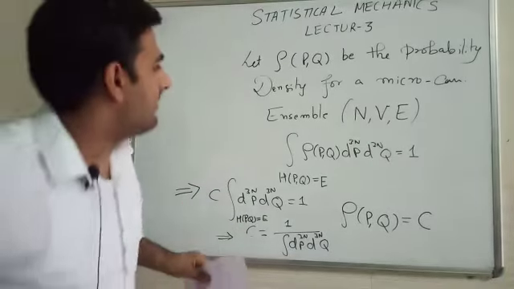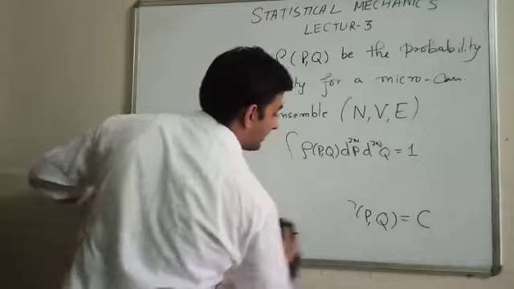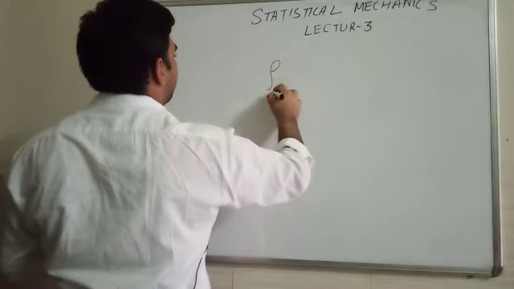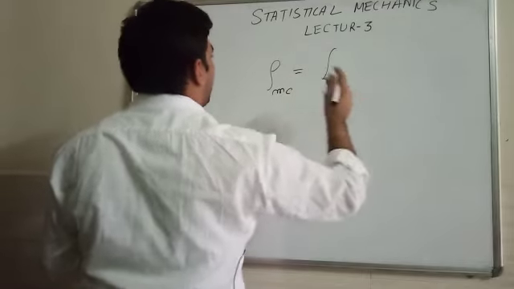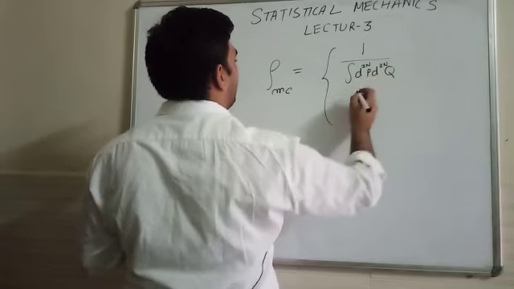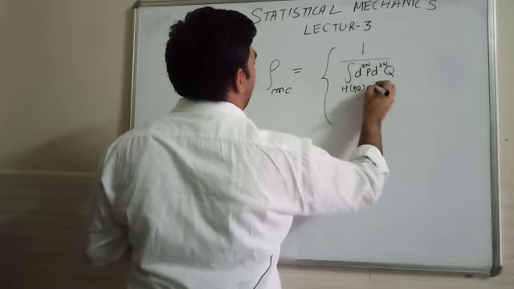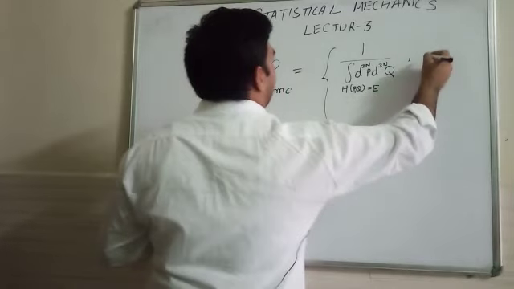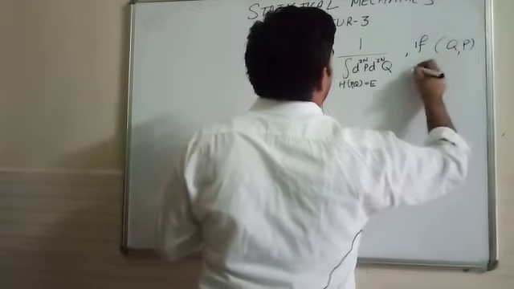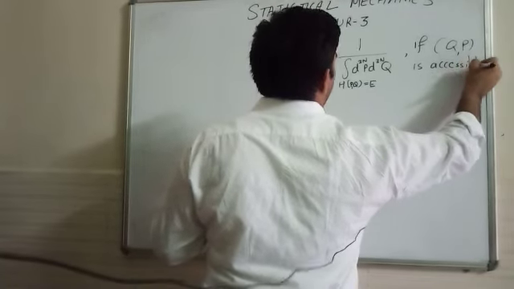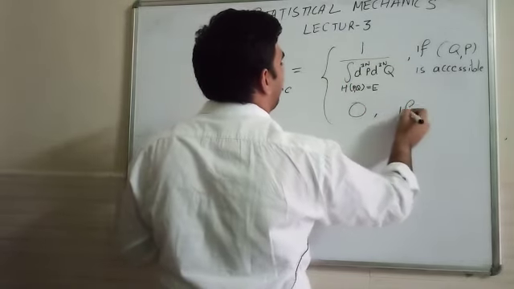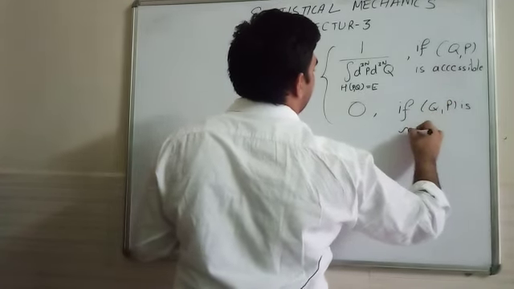Okay, so I can now write the probability density. Our microcanonical probability density rho_MC is equal to a constant, 1 over the integral of d3N P d3N Q, where the Hamiltonian can only take the value where the total system has the energy E. If the phase space point (Q,P) is accessible, then it will have this constant probability; otherwise, if it is not accessible, it is 0.